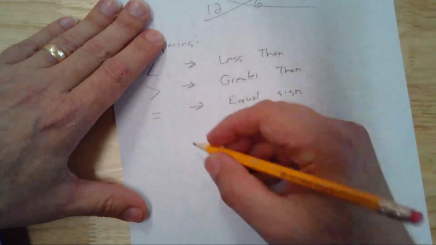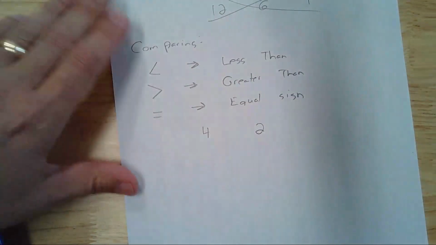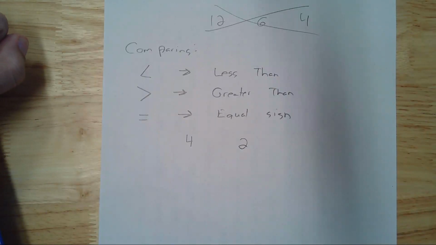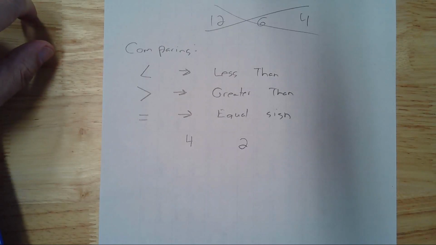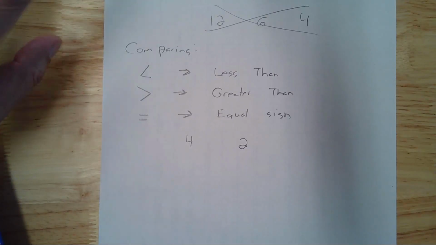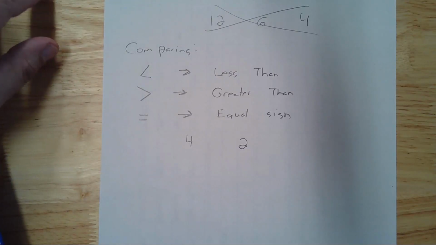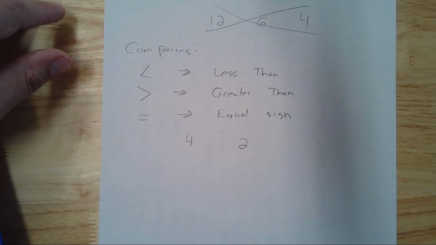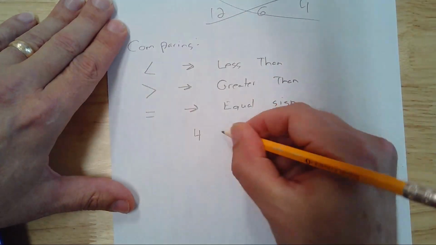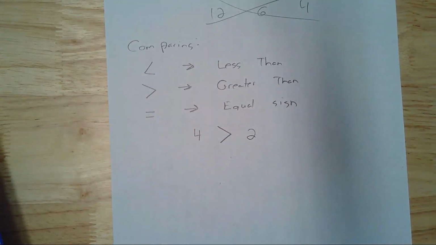I'm going to write 4 and 2. So which one's greater, 4 or 2? What's the bigger number, 4 or 2? 4. Would you say that 4 is greater than 2? Or 4 is less than 2? I'd say 4 is greater than 2. So I use the greater than symbol, like this.